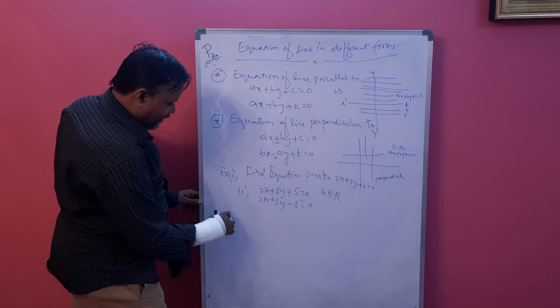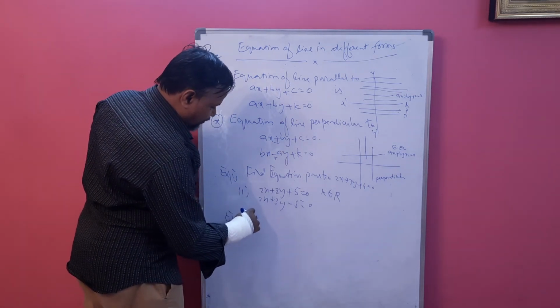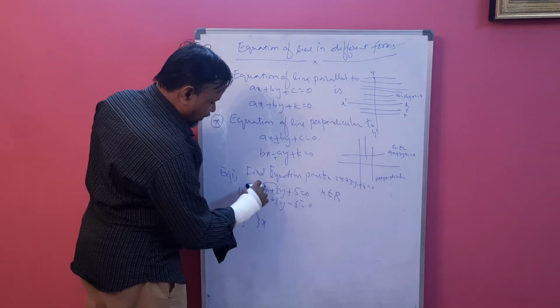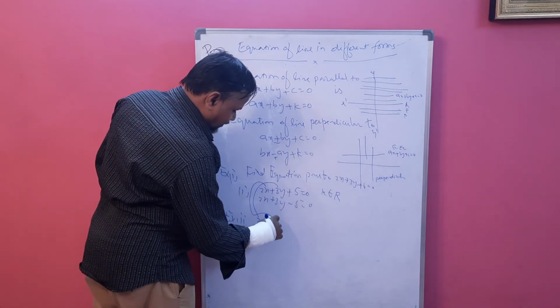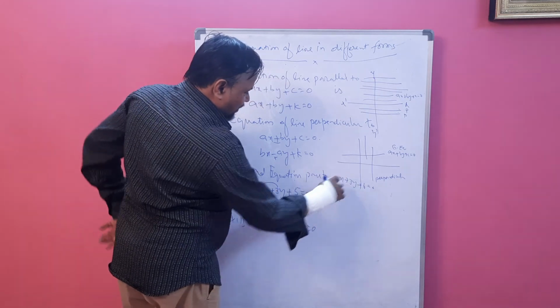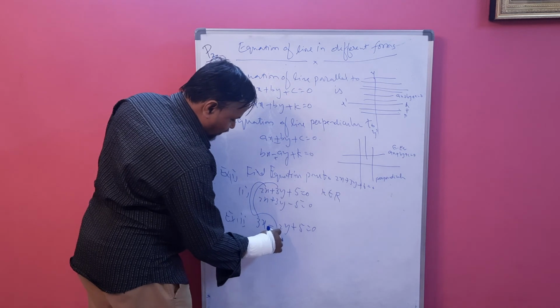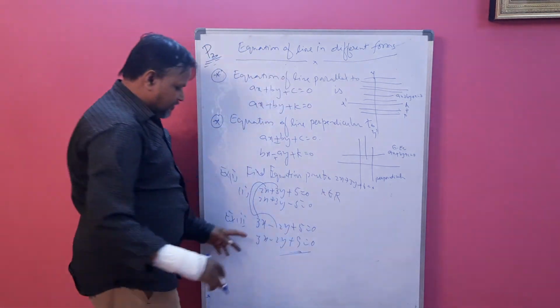Same thing for the second one, perpendicular. If it is perpendicular, then we have to change: put the coefficient of x with y and the coefficient of y with x with a negative sign. So 2y plus or minus, again taking another number than this, so k will change. Next equation: 3x minus 2y plus 9 is also there. These are general examples.